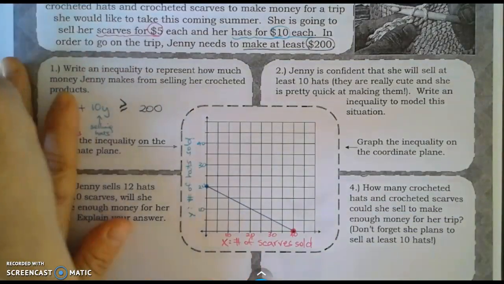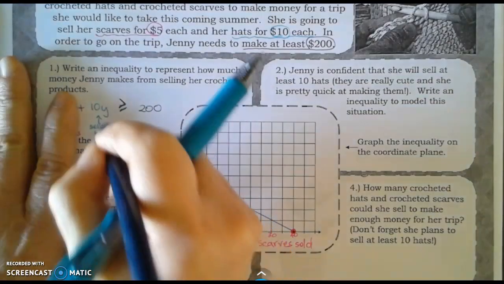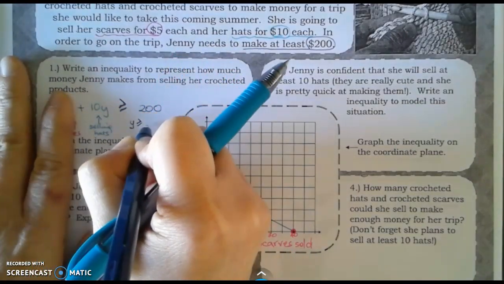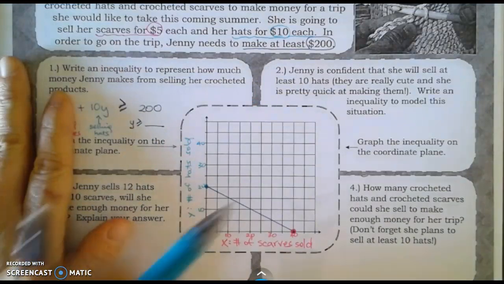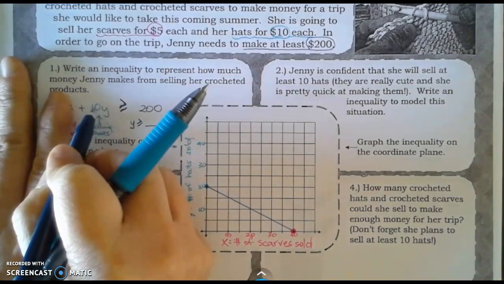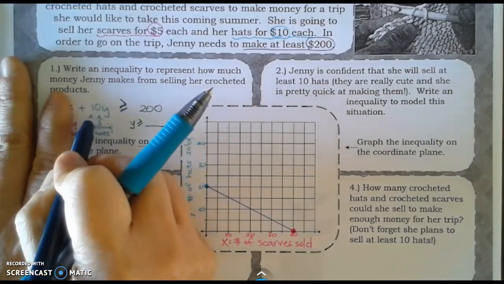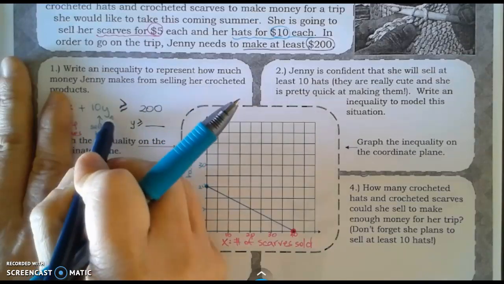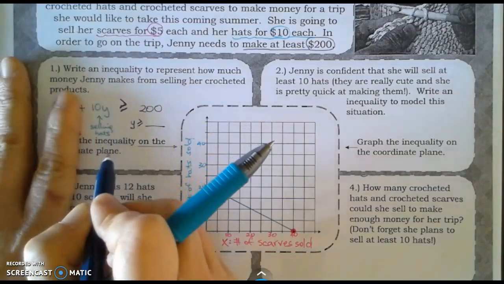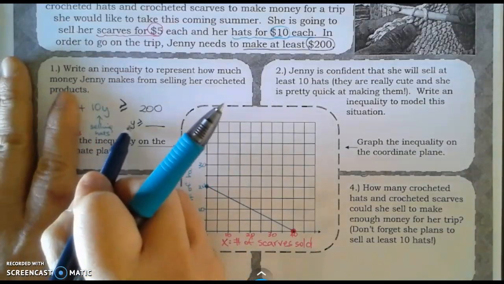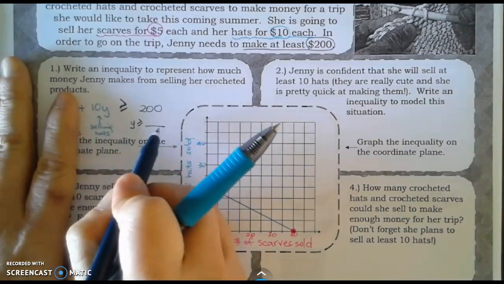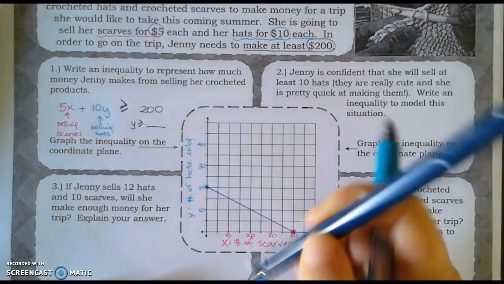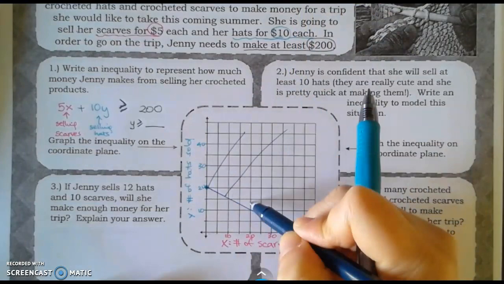So then you're going to end up with an expression that looks like y is greater than or equal to some expression. Okay, if this number 10 was negative, remember, because you're dividing by a negative number, you need to flip the inequality. But because this is positive, you leave the inequality as it is, and it says y is greater than or equal to some expression. That means we want the y to get bigger, so it's going to be shading above.